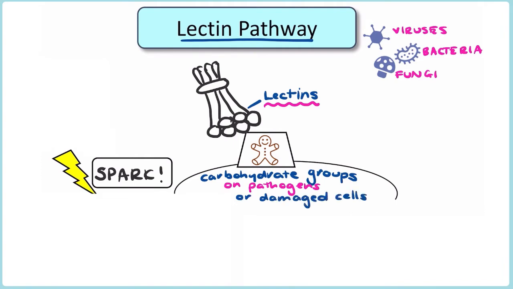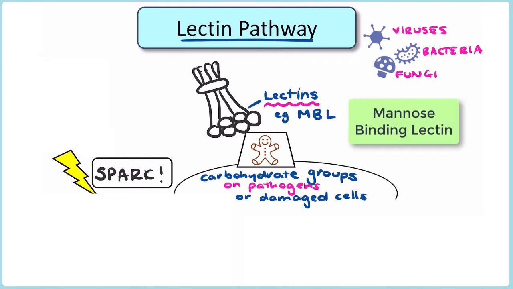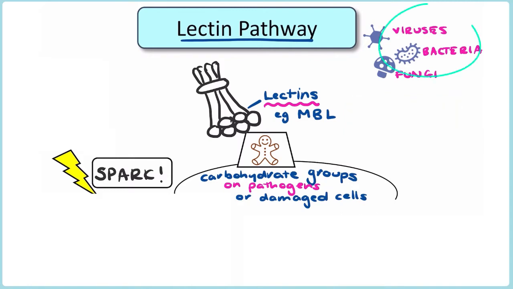And so just like the classical pathway, the lectin pathway also has a role in clearing out damaged cells from the body. And we have a few of these lectins whizzing around inside us, the most famous of which is MBL, mannose binding lectin.